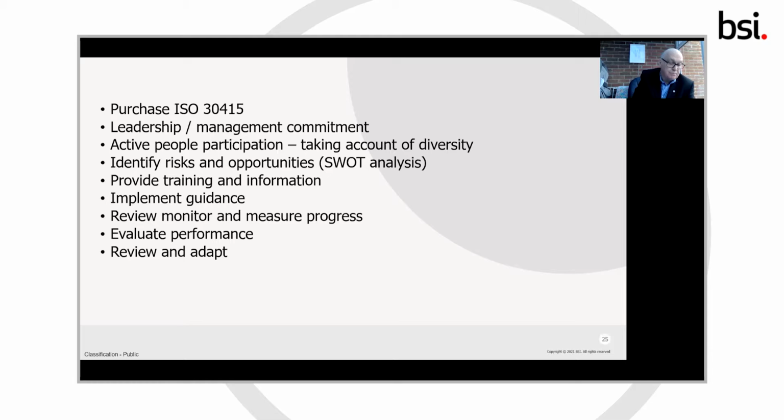Okay, so key ingredients certainly is looking at that whole aspect of leadership commitment and looking at roles, responsibilities, accountabilities. I think communication is key with a range of stakeholders to see how their views can feed into your D&I strategy. What will it mean in terms of the products or services that you can develop, and look at the creativity side of things there.